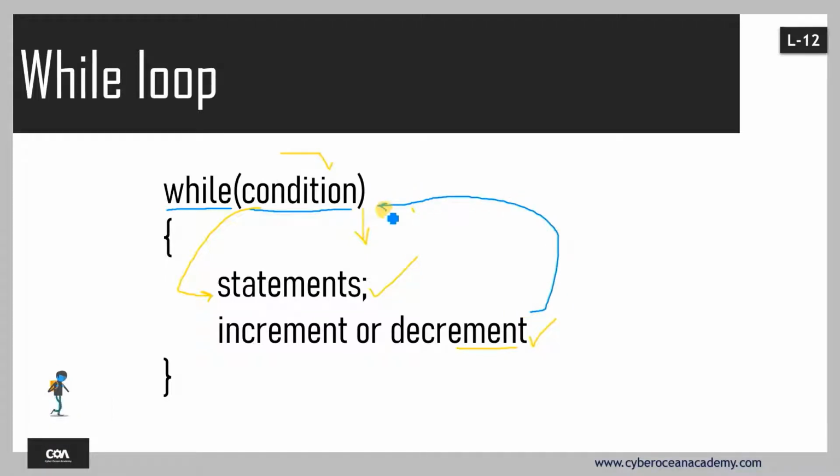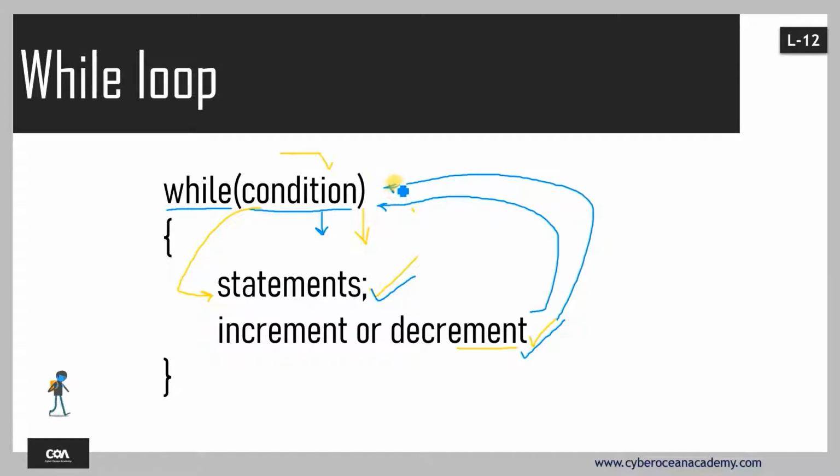If it is true, it will again execute all the statements, increment or decrement depending upon your requirements, and check the condition again. That is how a while loop works.